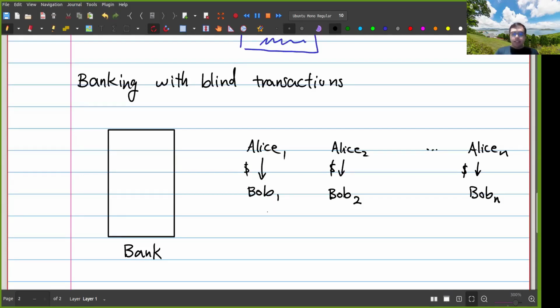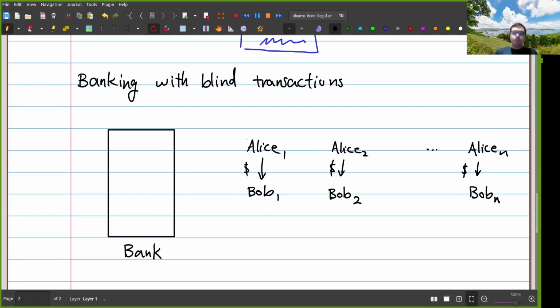Now, ideally, I want the bank to be able to process these transactions. So these transactions are all done using the bank accounts. Here, Alice's bank account balance should go down by $1 and Bob's balance should go up by $1. And here the same thing. But very importantly, I don't want the bank to know who's paying whom.